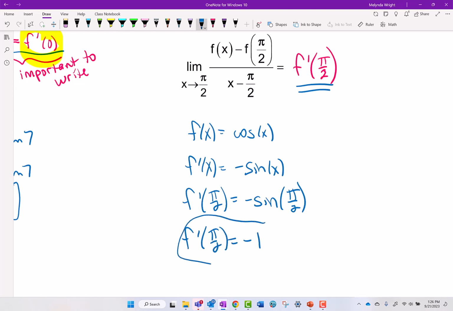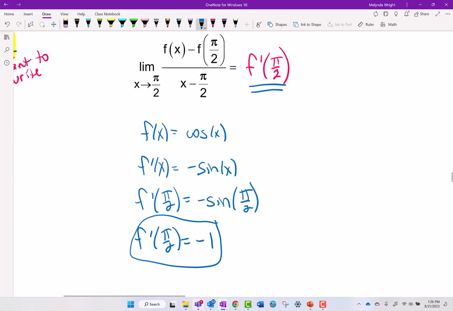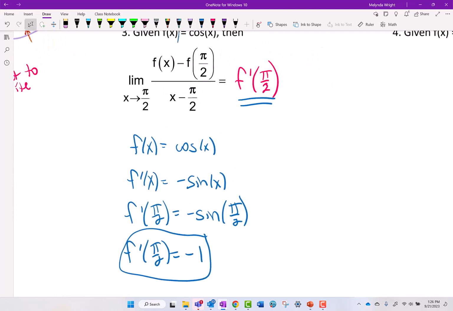That's my answer. So let me also explain the importance of writing this down. This part right here, this equals this business. Why is that important? That's important because I'm writing this down. What I'm saying is, without having to go back up there and rewrite the limit all over again, which I would have to do if I'm not doing this, I'm saying that this is equivalent to this.